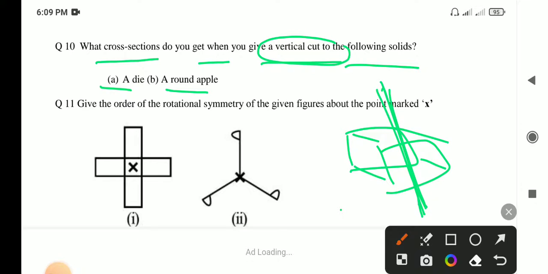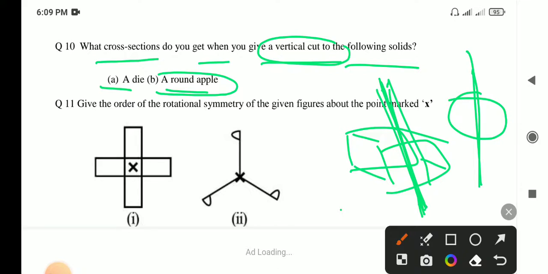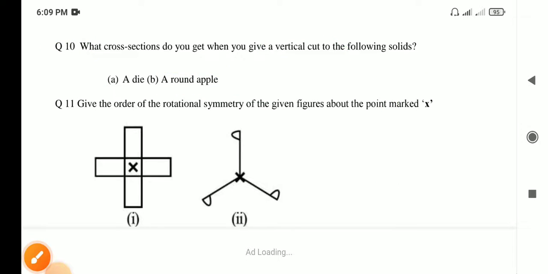Suppose you have a sharp knife in your hand and you are cutting this vertically, then what shape do you get? You have to write that shape. And a round apple, you with a sharp knife are cutting this, then what shape do you get? You have to write in the answer sheet against question number 10. Okay, now let's see the next question.